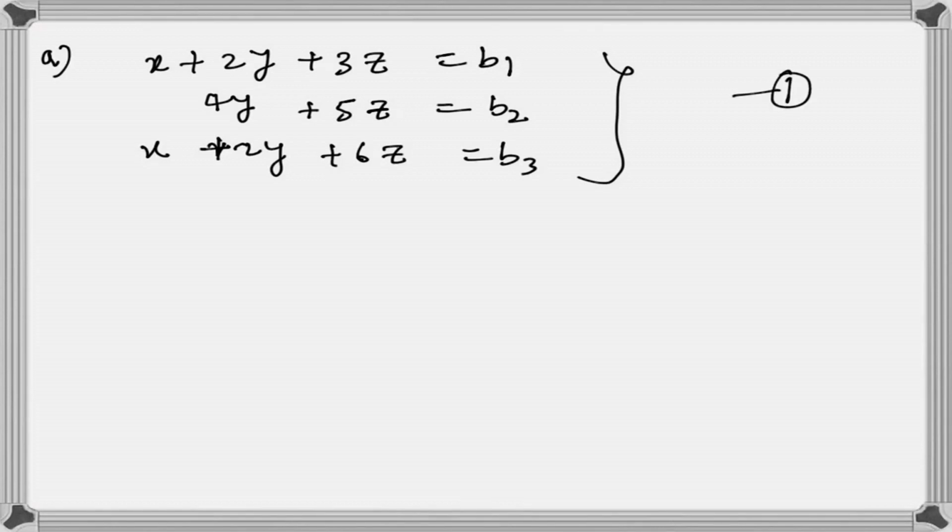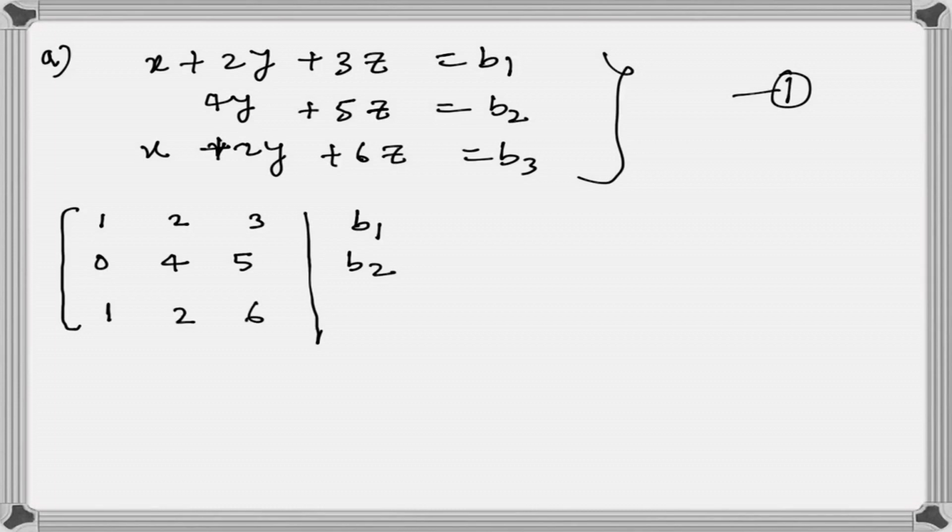Okay, so write the augmented matrix of the system: 1 2 3 b1, 0 4 5 b2, 1 2 6 b3. Okay, so let's reduce this.